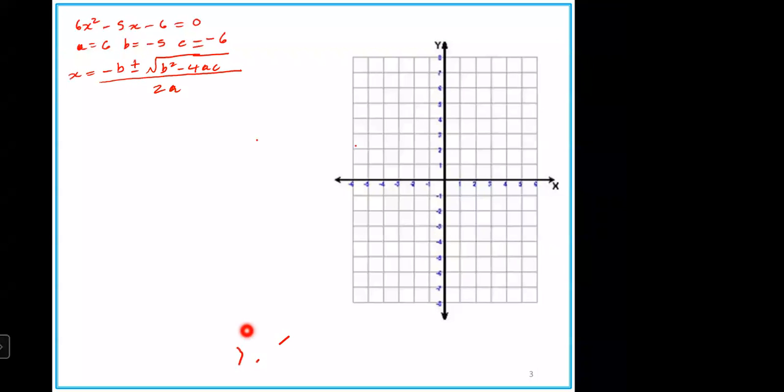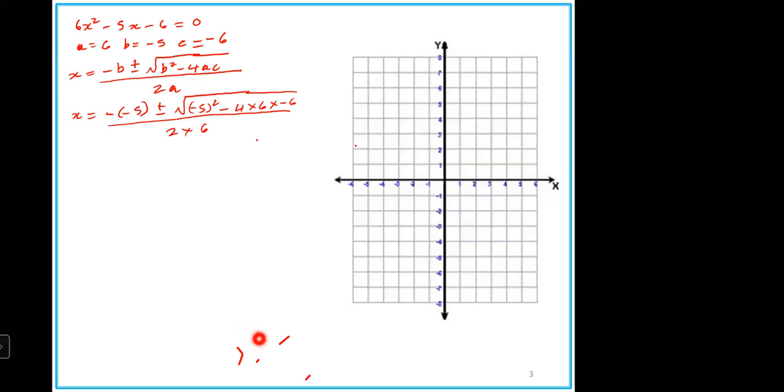So we're going to now say x equals minus of -5 plus or minus the square root of b squared, so that's -5 squared minus 4 times a is 6 times -6, all over 2 times 6.